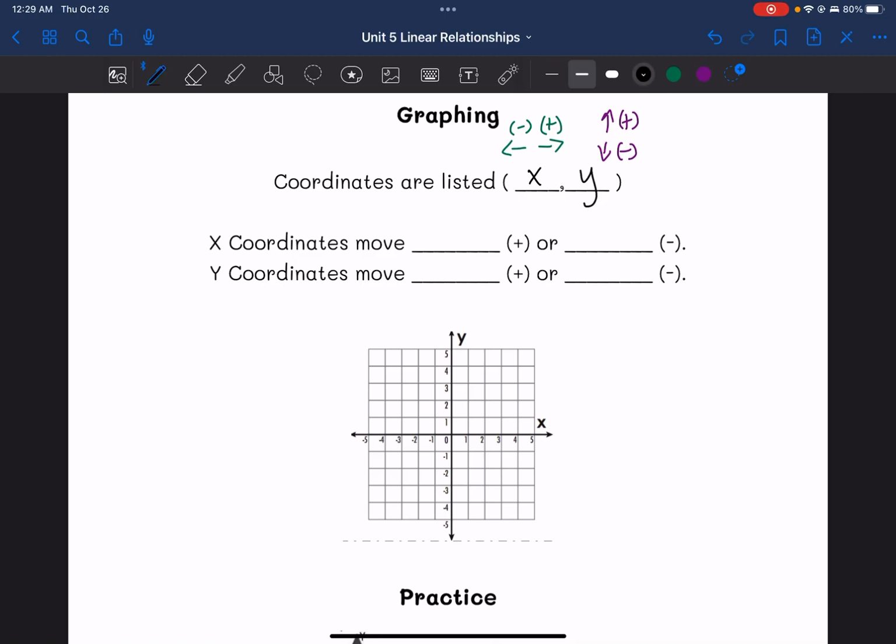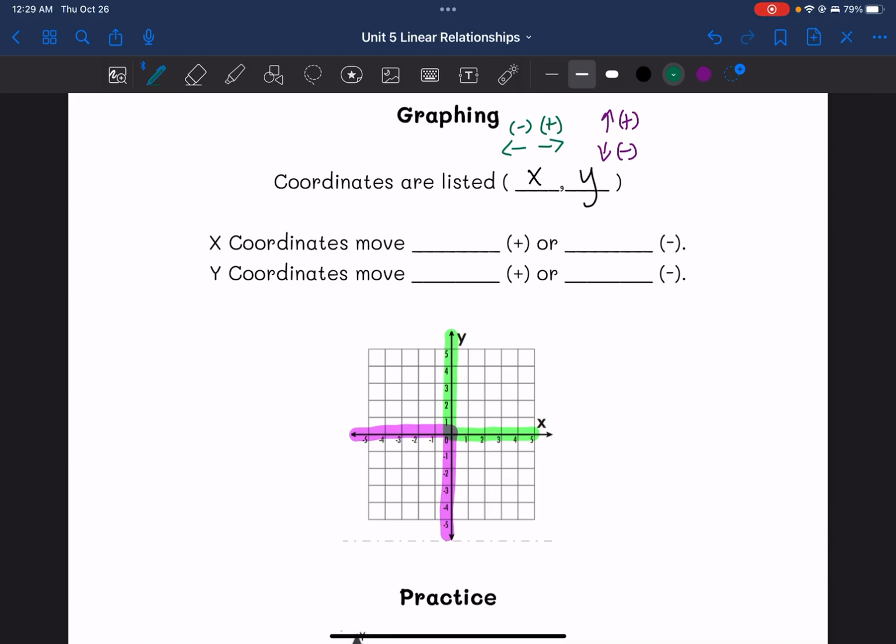All right, the X coordinates move either... Now, I'm going to pause right here before I continue, and I'm going to highlight either green, which is going to be positive, or pink, which is going to be negative, okay? So here, now let's continue, okay?